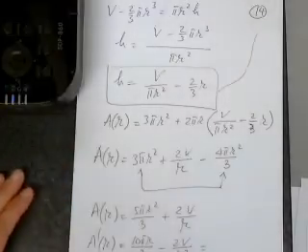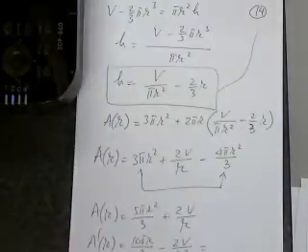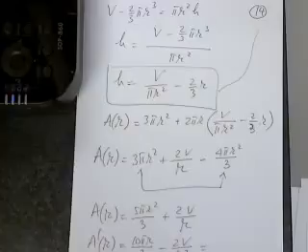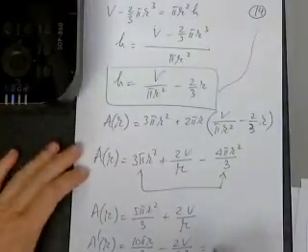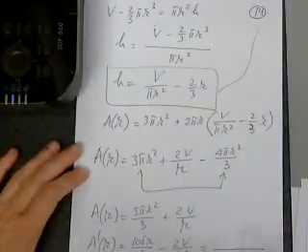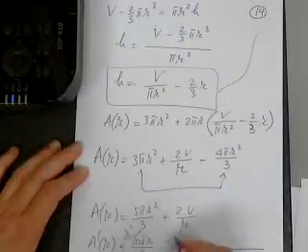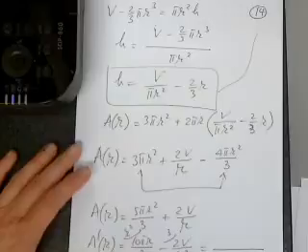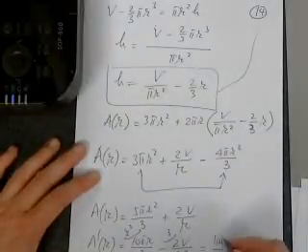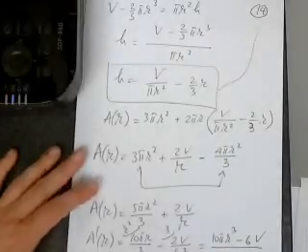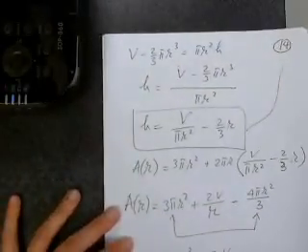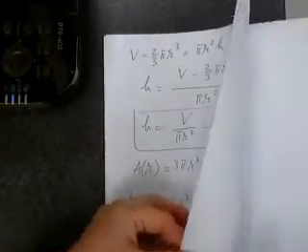Because I need to set this equal to 0 eventually, I have to find the least common denominator, which is 3R squared, to multiply this by R squared and this by 3. So I have 10 pi R cubed minus 6V. Is V given? Yes, it is, but only in the form of V.